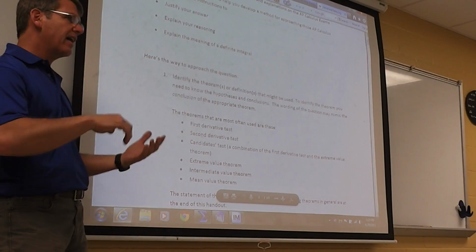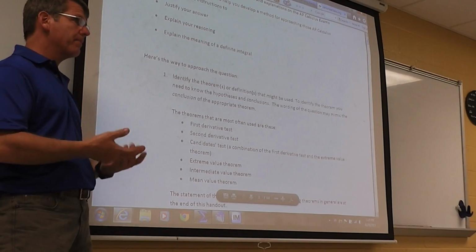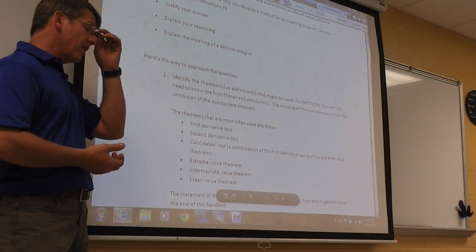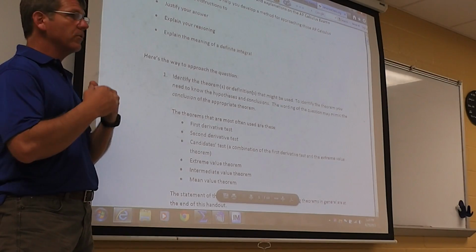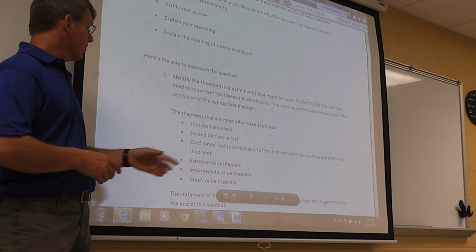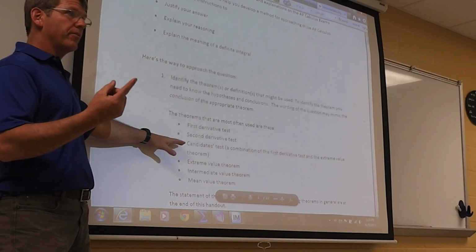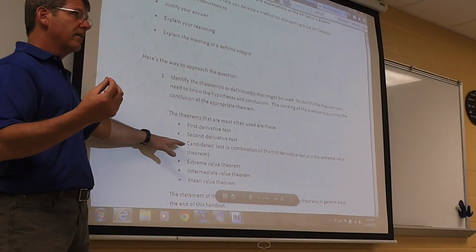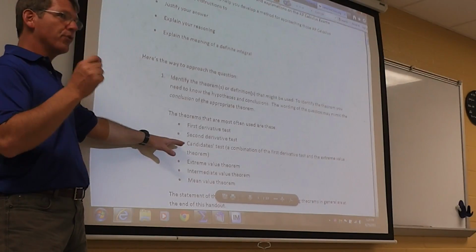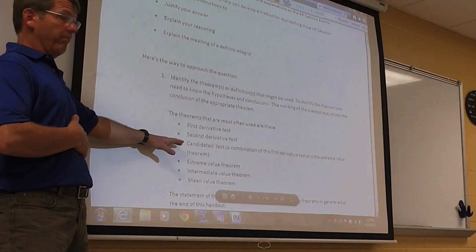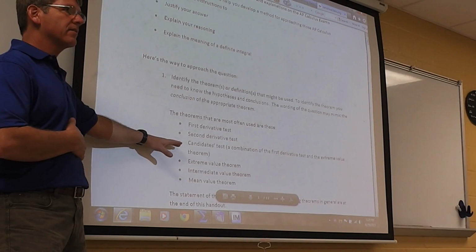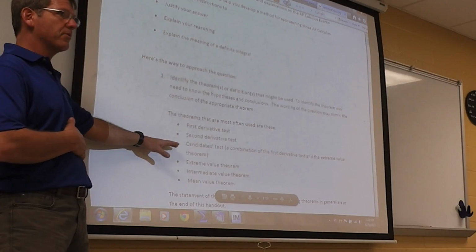And if you're trying to find the absolute max or the absolute min, you're looking to find out which has the absolute biggest y-coordinate and where is the absolute smallest y-coordinate. So you get your candidates, all your critical numbers, and your endpoints, and you put them back in the original function. And just compare y values. The very biggest y value is the absolute max. The very smallest y value is the absolute min.